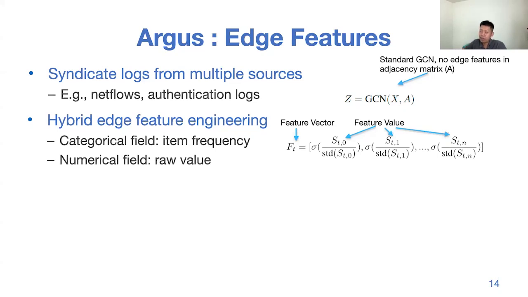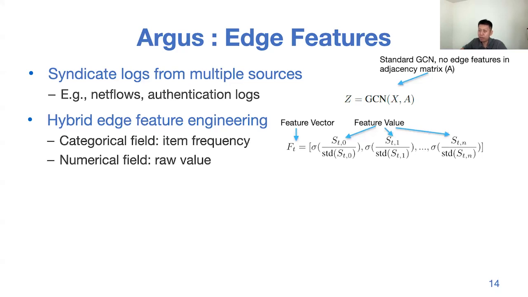For example, we can model the protocols each network flow goes through, the user, and the type of the connections. So we are able to convert those into numerical features by counting item frequency. And then we normalize the categorical and numerical features into a feature vector, so we have a bunch of numerical values.